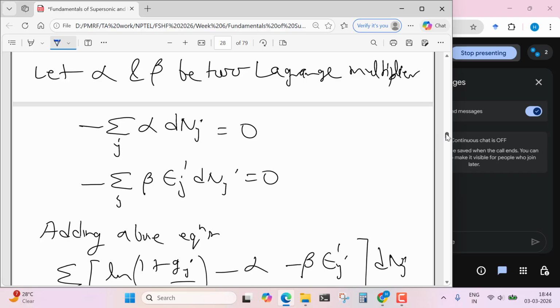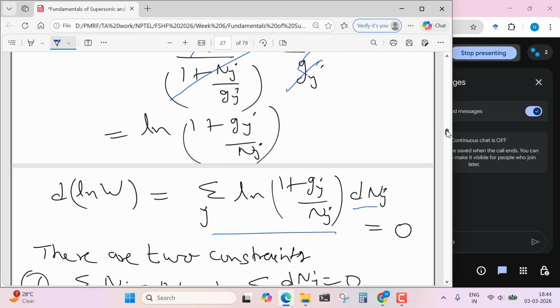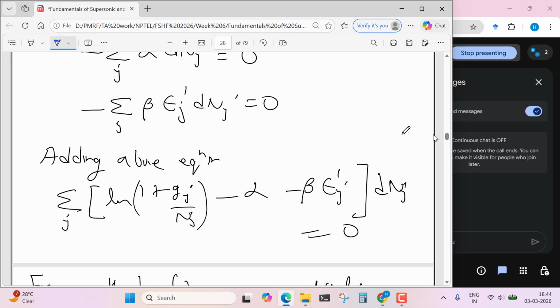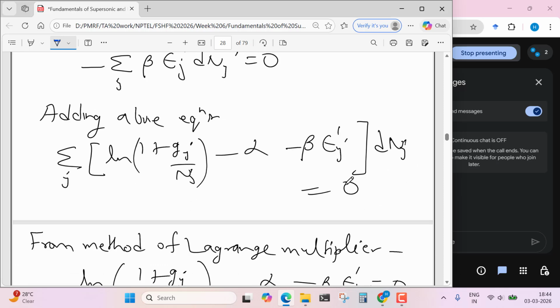So if we add all the equations, we will get sigma j log 1 plus gj upon nj minus alpha minus beta epsilon j dash dnj equal to 0. So from the method of Lagrange multipliers, this term will be equal to 0.